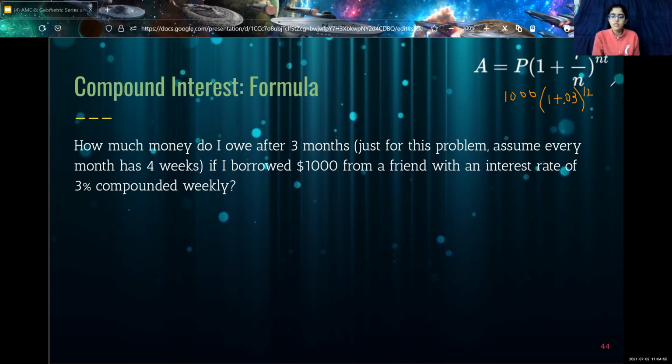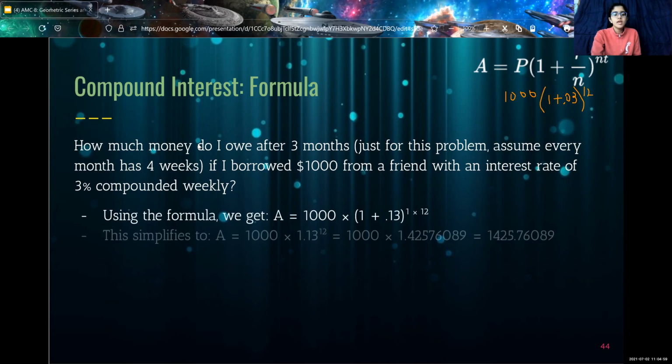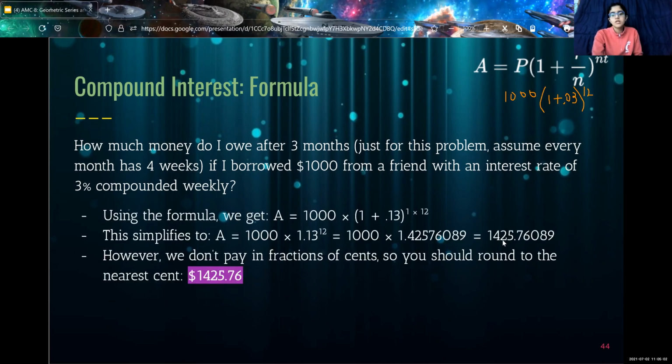So 1.03 to the power of 12, when we solve this, we get 1425.76. I think I might have messed that up. So if I do 1.03 to the power of 12, I get 1.42576089, which is what's shown up there.